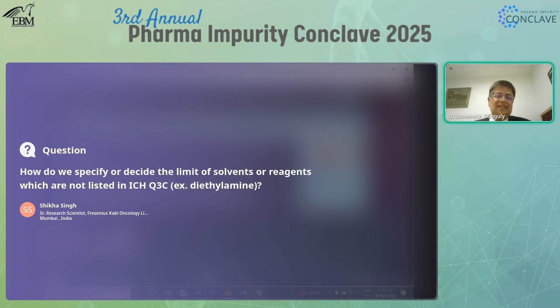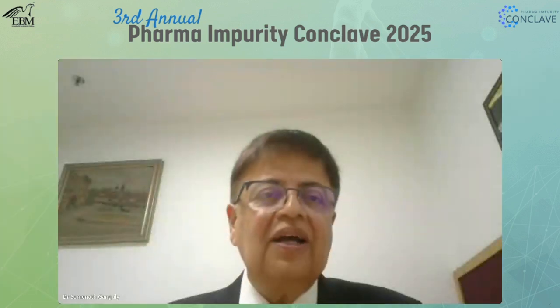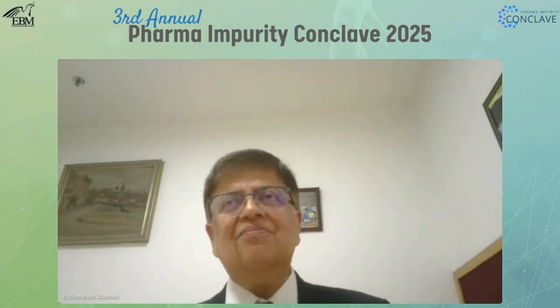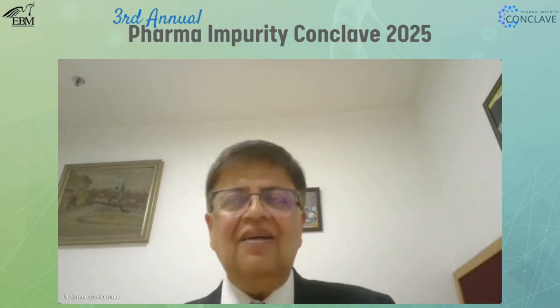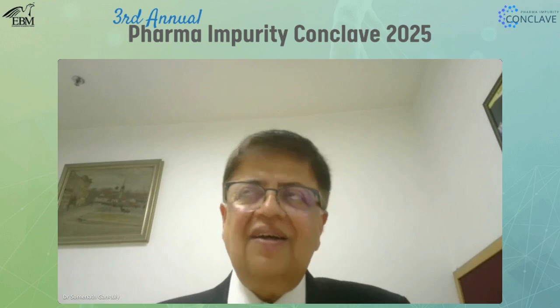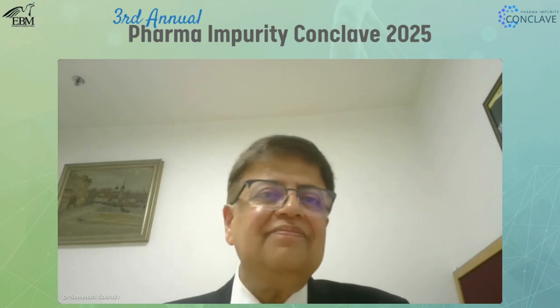We have to justify basically. There is no such rule. For those not mentioned in the solvent guideline, you have to generate from literatures that toxicity, or use software, and say this is allowable. It is my understanding.